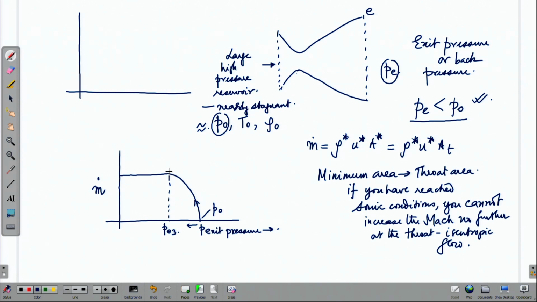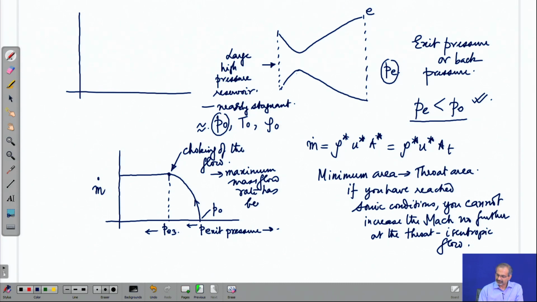At that, the maximum mass flow rate is reached, and if you keep reducing the pressure further, the mass flow rate will not change anymore. So, this is what is called choking of the flow. That means, maximum mass flow rate has been reached. So, beyond that, even if the back pressure is reduced, there will be no change of the mass flow rate.